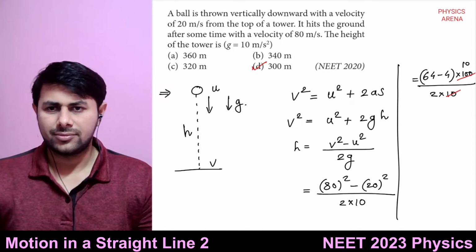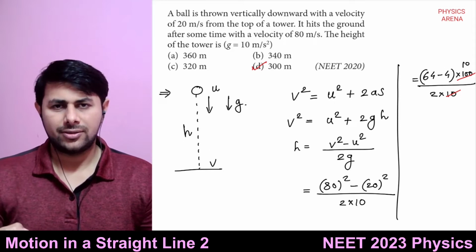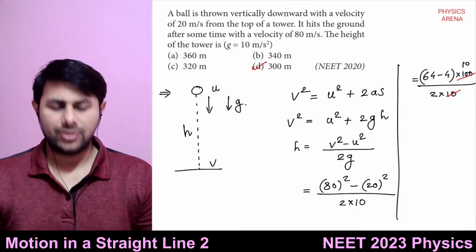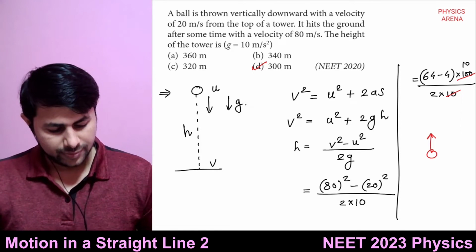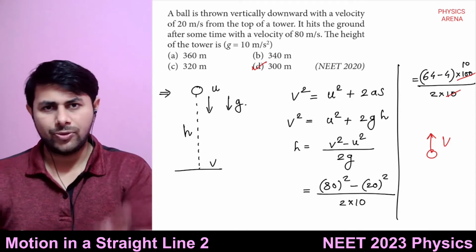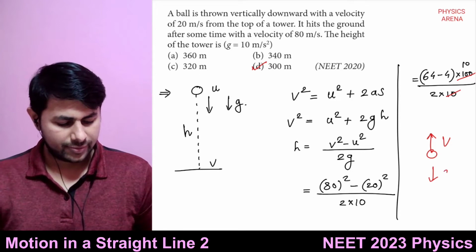Yes, sir. Sir, when do we take acceleration as negative? When the velocity and acceleration are in opposite directions. So let's say you throw the ball vertically upwards, so velocity is upwards, the ball is moving upwards, and the acceleration is downwards, right?